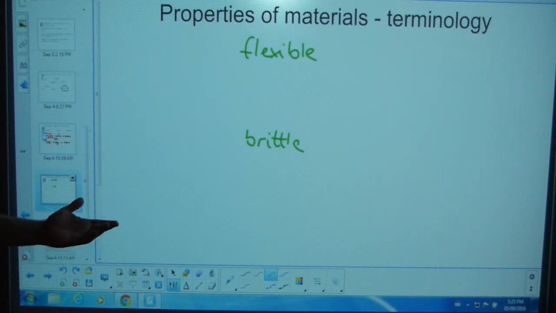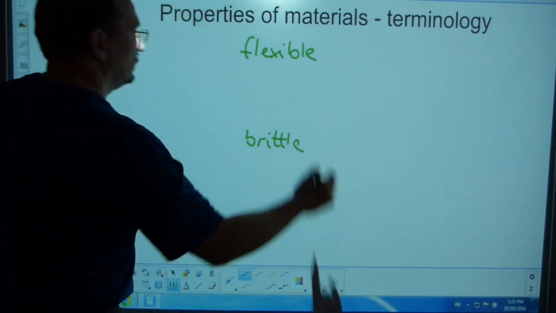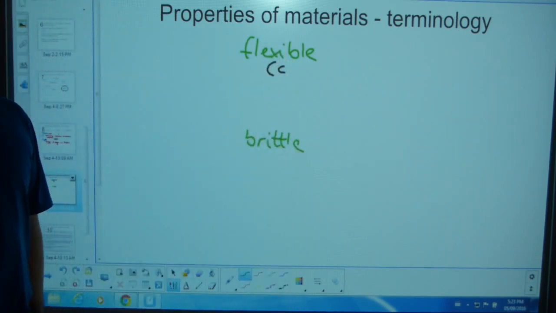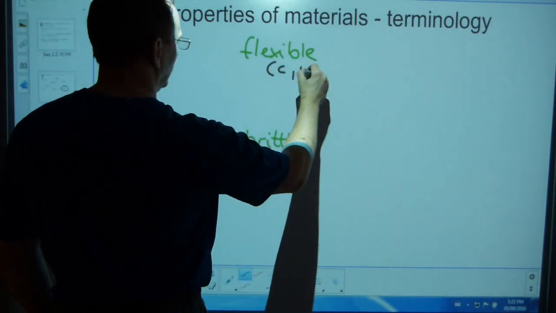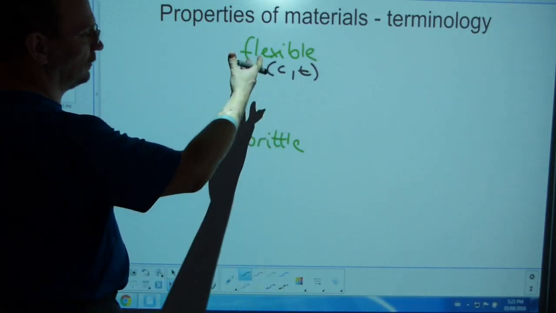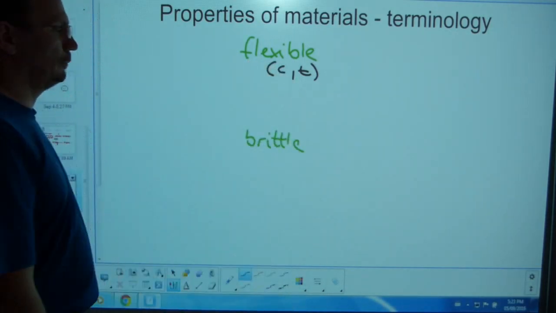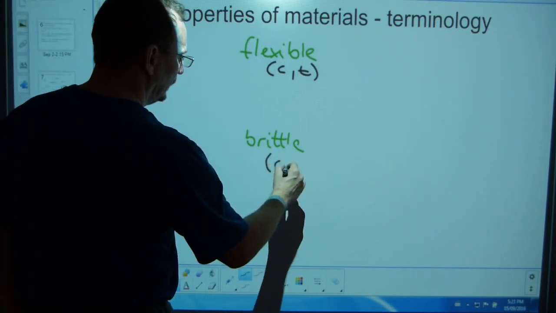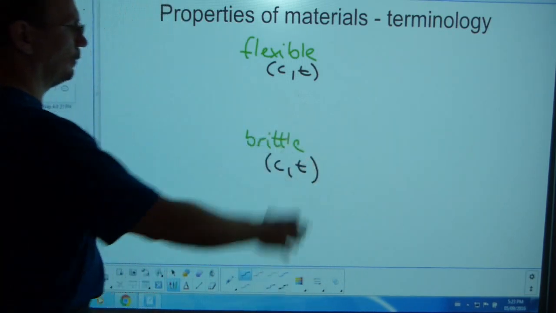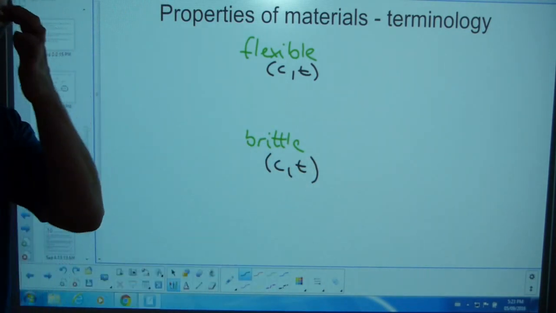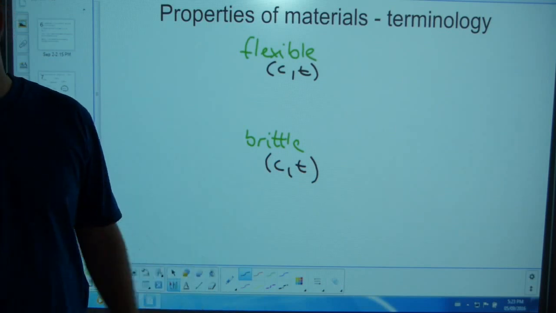The difference between the materials is, and a material could be flexible in compression, it could be flexible in tension. Some materials are flexible in compression and brittle in tension, or the other way around. Same stuff. Compression and tension both apply to brittle materials. They can be broken in compression, they can be broken in tension.